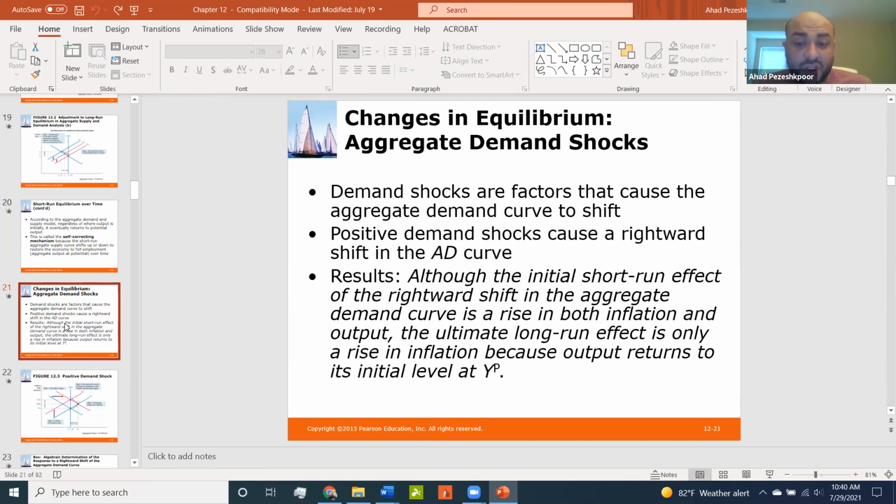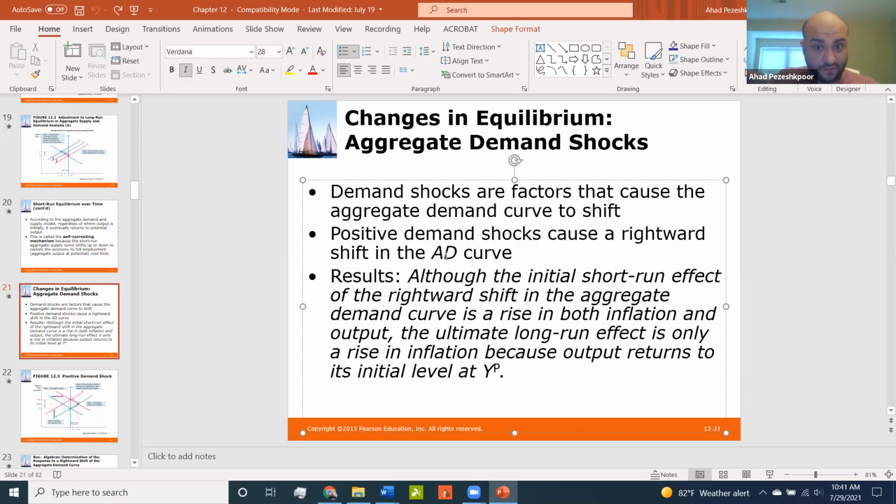Although the initial short-term effect of the rightward shift is a rise in both inflation and output, the ultimate long-run effect would be only a rise in inflation, because your output would eventually return to the potential level and you'll only be left with the increased inflation.